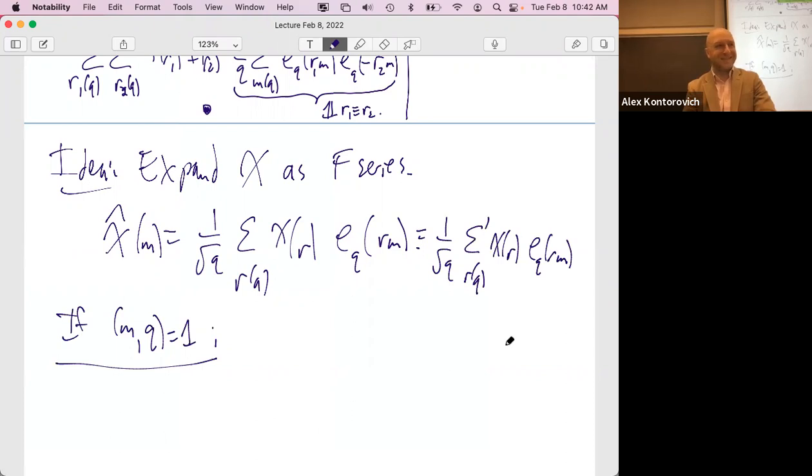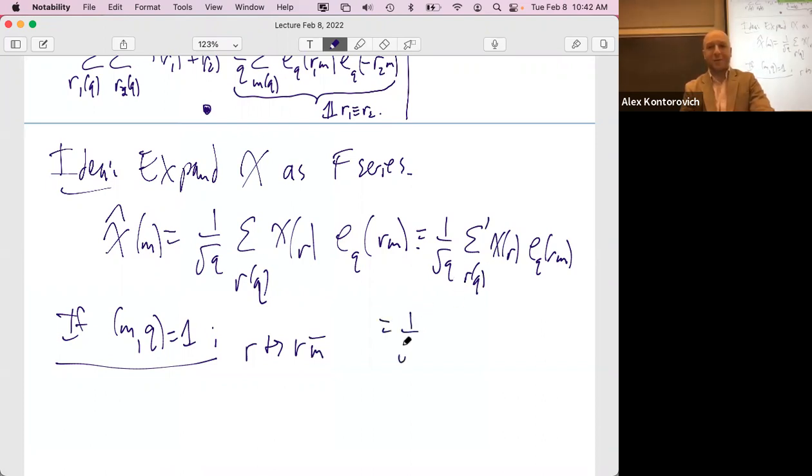Remember that it is a finite Fourier transform in Z mod q, but because chi vanishes for numbers that aren't coprime to q, only the r's that are coprime to q will contribute anyway. Then r goes to r m bar. This is within the multiplicative group, so you just cycle through it.